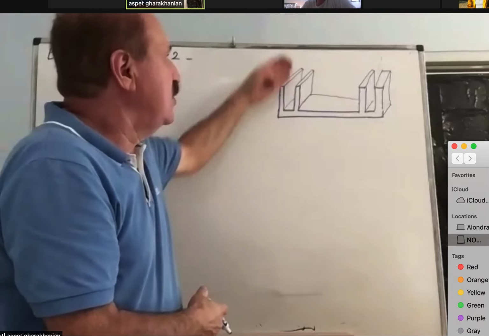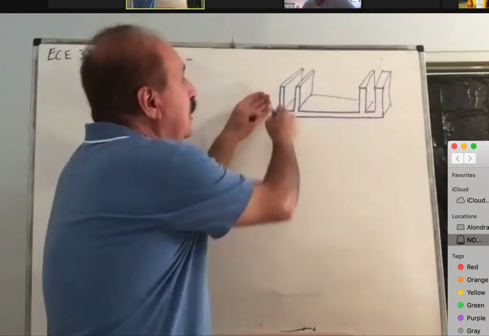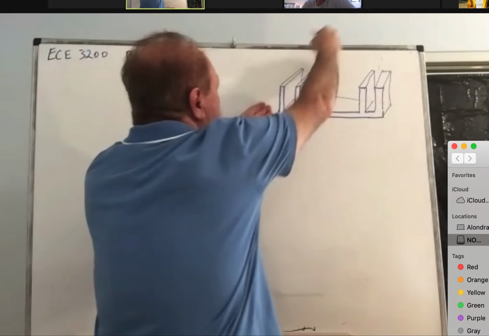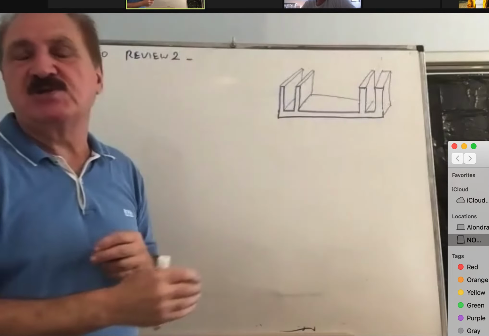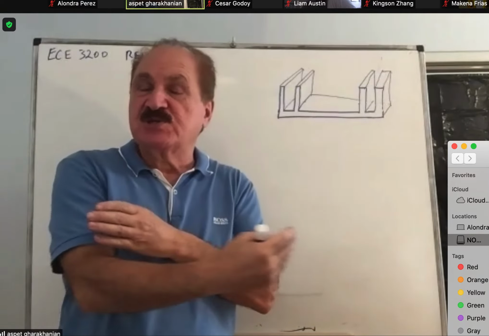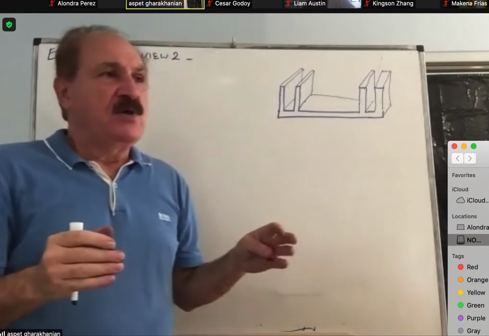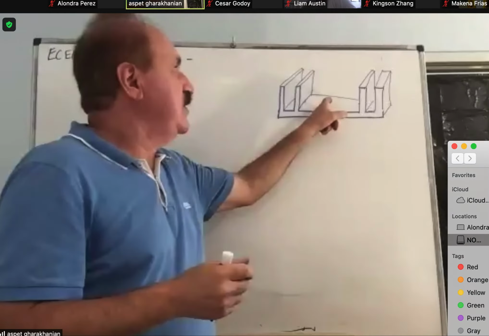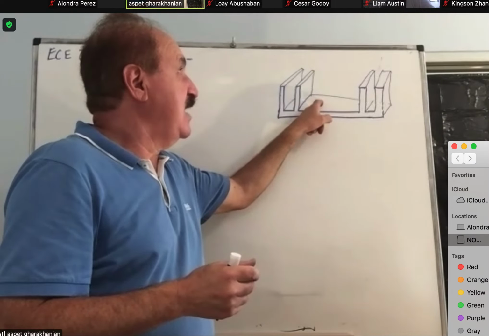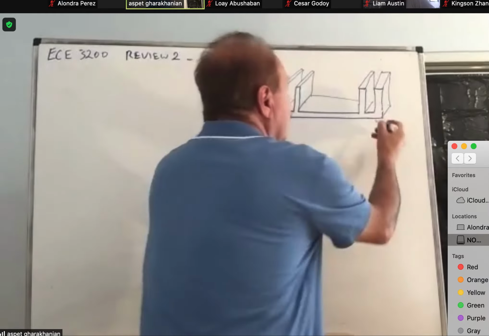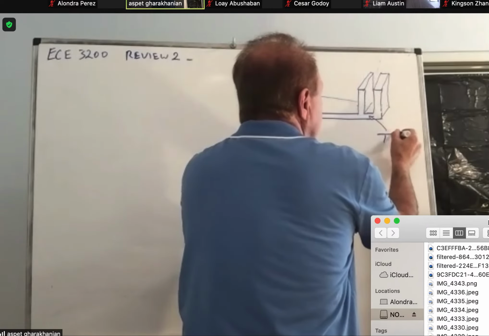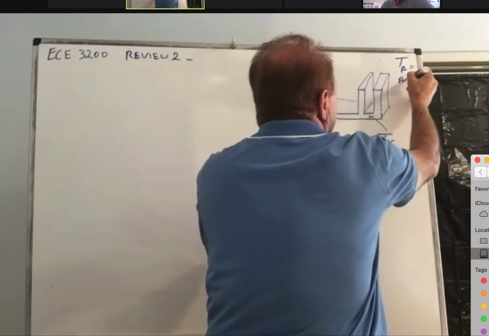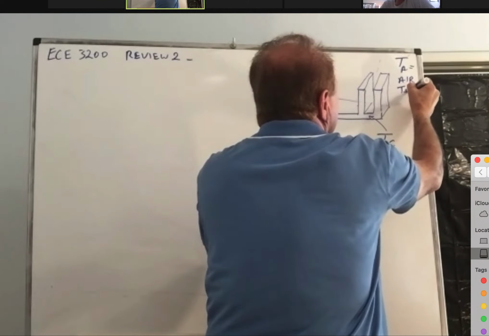But we've got many of these fins. So the more fins there are, and the deeper or longer is the sink, or the base, you've got more ability to transfer the heat from the case into the air. So this is called T of the case, and this is TA, air temperature.